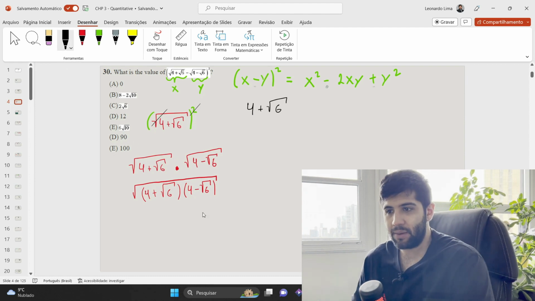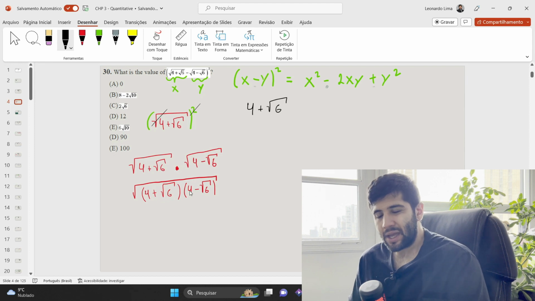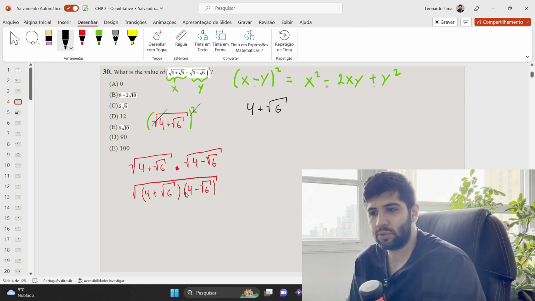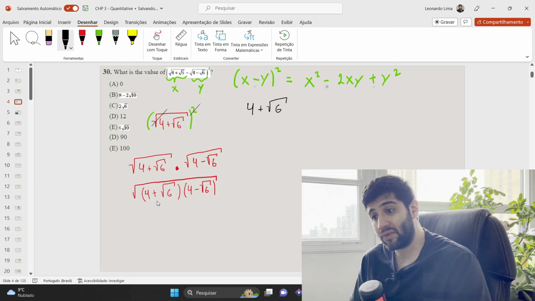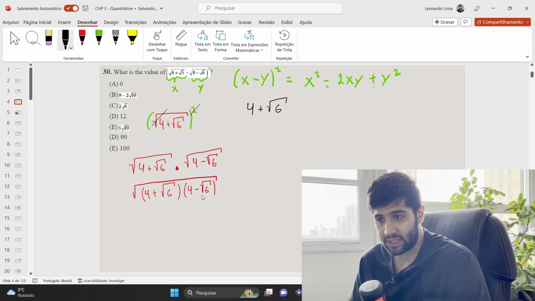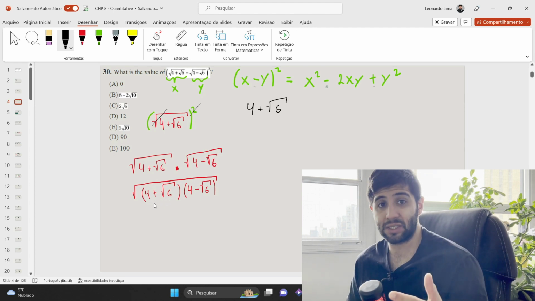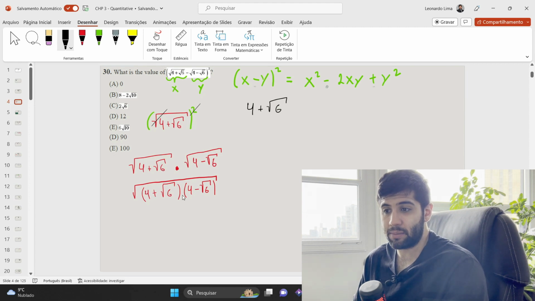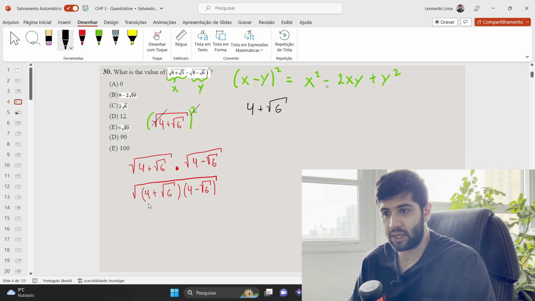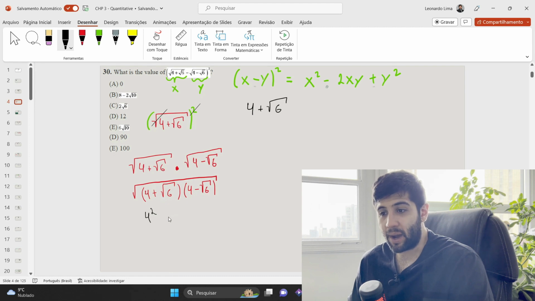Remember, when I have this, the best way to do it is to multiply term by term. However, since I have a multiplication and a difference of squares here, we can simplify that to get first the first term squared, so it's going to be 4 squared, and then minus, of course, the square of the second part.